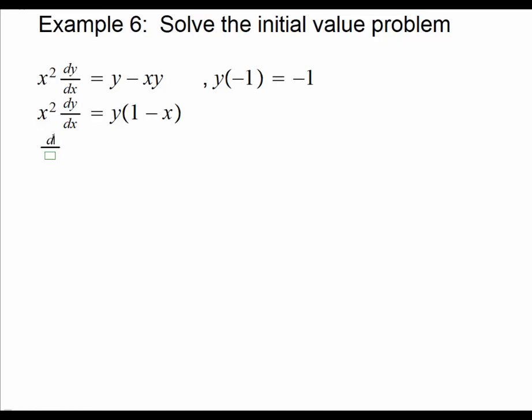So we have dy over y equals 1 minus x over x square. Okay, so what we have is, and then of course we have a dx. Okay, and then we can simplify it further.